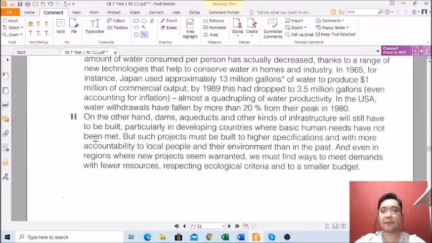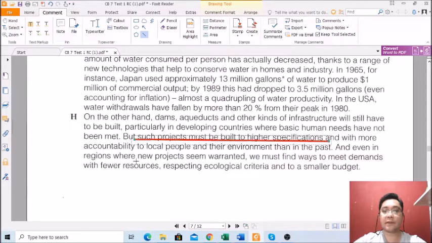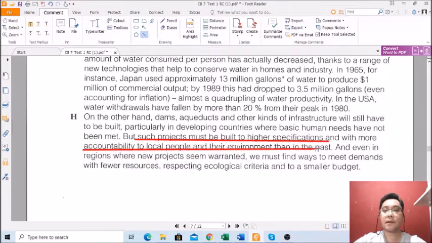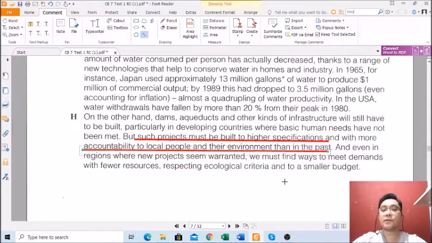So it talks about the water facility, but such projects must be built to higher specification with more accountability to local people and their environment than in the past. So this is interesting. And even in regions where new projects seem warranted, we must find ways to meet demands with fewer resources, respecting ecological criteria on a smaller budget.